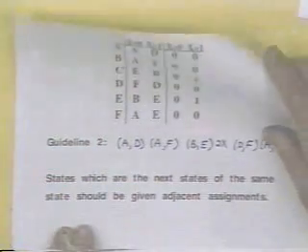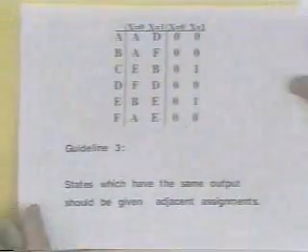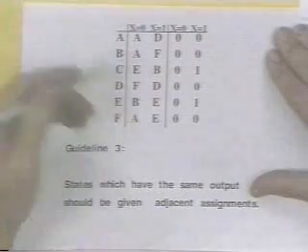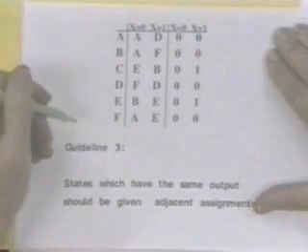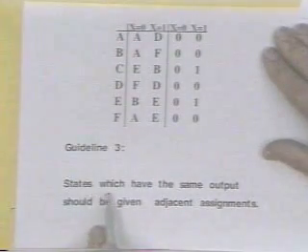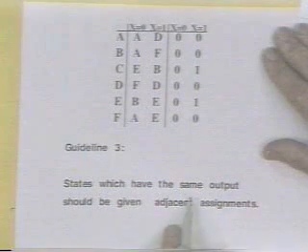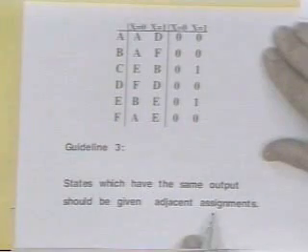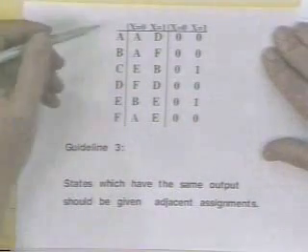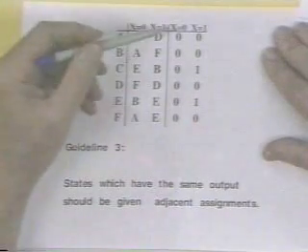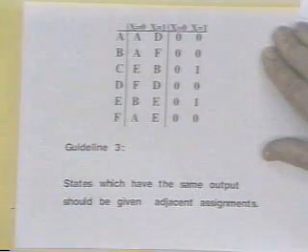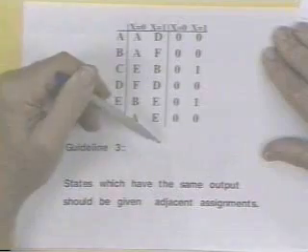And then there's a third guideline which will help us simplify the output function. The first 2 guidelines help us simplify the next state function by putting adjacent ones together on the Karnaugh maps. So this guideline tells us that states which have the same output should be given adjacent assignments. So we're going to look at the output here. Now, all states have an output of 0 here, but that's rather meaningless, so we're not going to even bother with that.